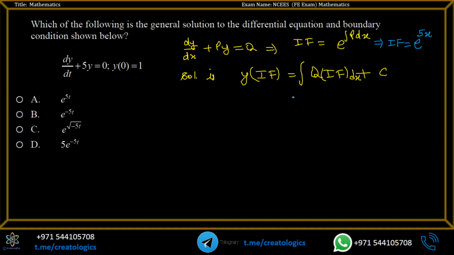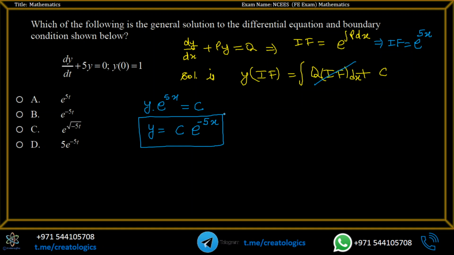So this is your integrating factor, and the solution is given by y times integrating factor is equal to c. The q part is 0, so there is no need to write it for this particular question. So y is equal to c times e raised to the power negative 5x, because that will go to the denominator and you can write it like this.